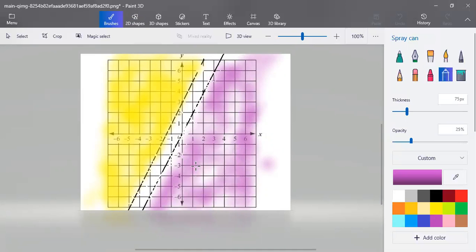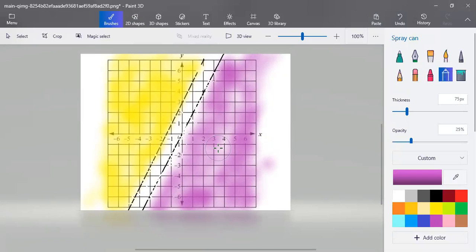Now, what are you going to give as the solution? The graphs or the colors, they are parallel lines, right? So they are not intersecting each other, and there is no place where both the colors are matching.